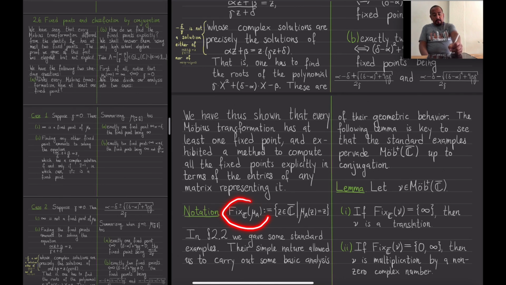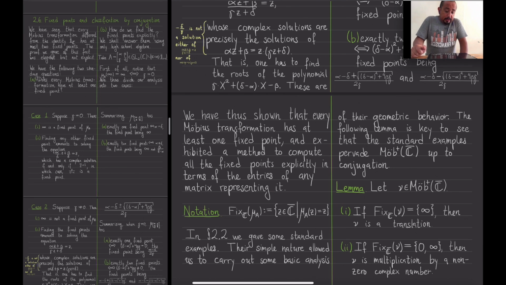So here it may look like a mouthful, but later on we are going to change, and instead of considering C bar, we are going to consider different things like the upper half plane or the Poincare disk and so on. Okay.